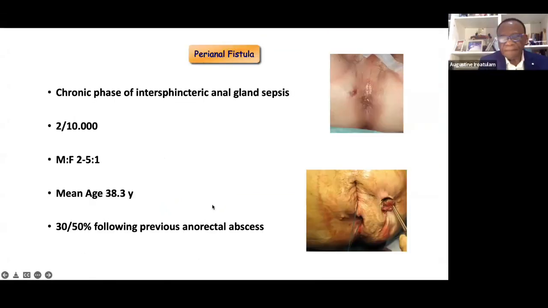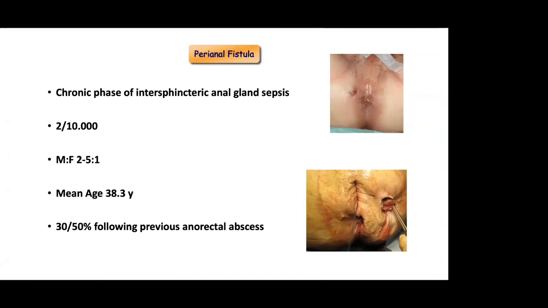Concerning the epidemiology, a fistula may be present de novo, but in about 30–50% of patients, it follows a previous anorectal abscess, which can provoke the formation of the primary tract or a secondary tract in about 25% of patients presenting with anal fistula.